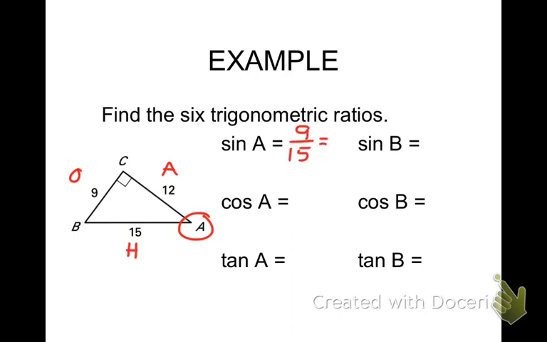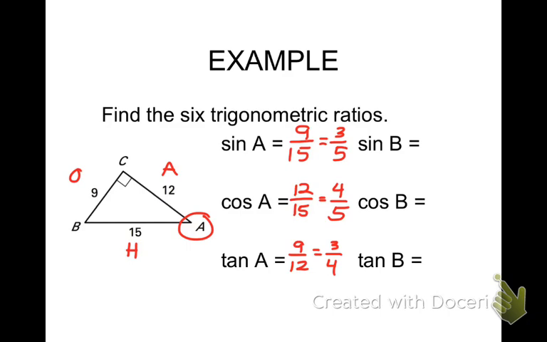We can reduce that to 3 over 5. Cosine would be A over H, so 12 over 15, which reduces to 4 over 5. Tangent is O over A, so 9 over 12, which would be 3 over 4.